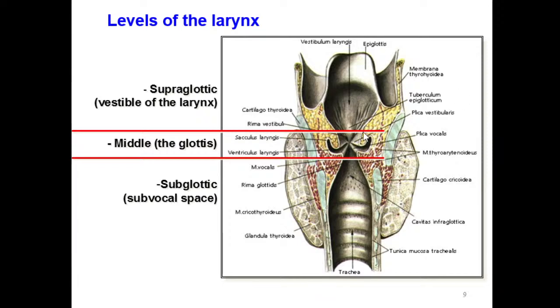You can just imagine that all the air required for normal functioning of a human being passes through this very narrow space. And of course you understand that if there are some problems here, it may very quickly lead to laryngeal stenosis and insufficiency of oxygen in the organism.